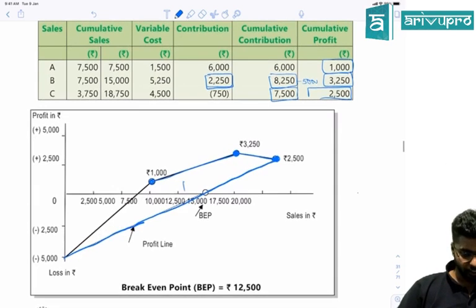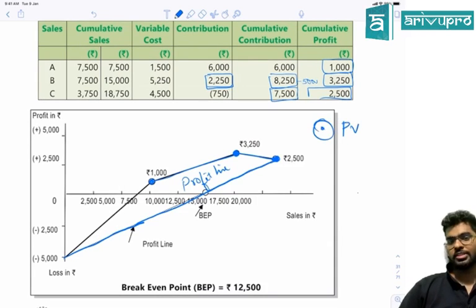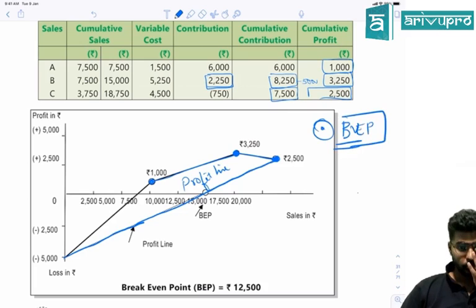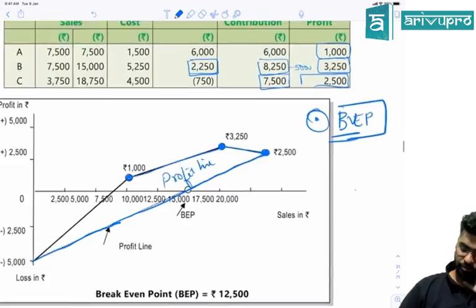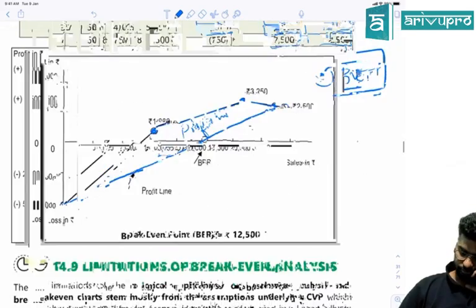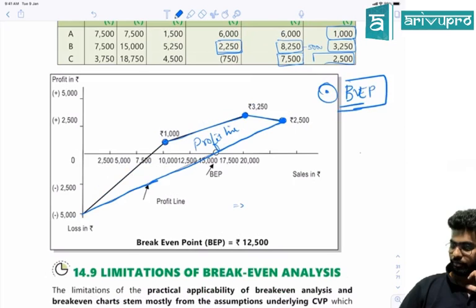Now there is a question which people ask, how do I find my break even point? Because in the graph, I can't understand where do I get my break even point. So what do I do with it is the question. Now what I do with regards to my break even point is, I find the PV ratio. Now how do I find the PV ratio?